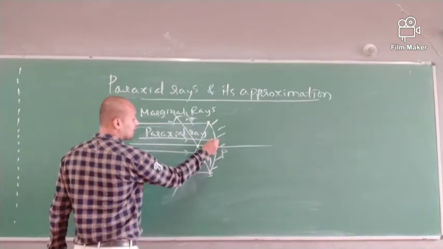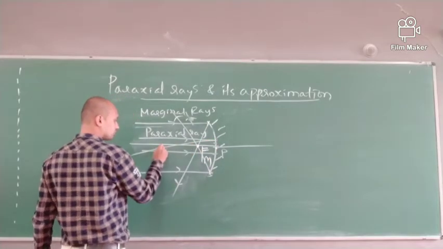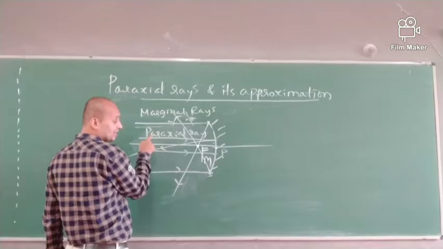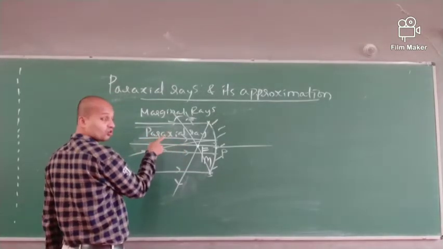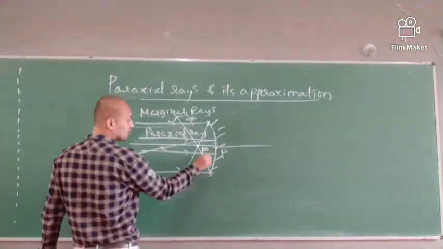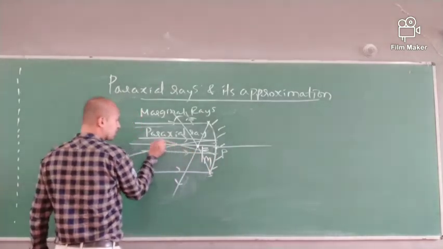The rays which are nearer to the principal axis are called paraxial rays. They are going to meet somewhere at this point.